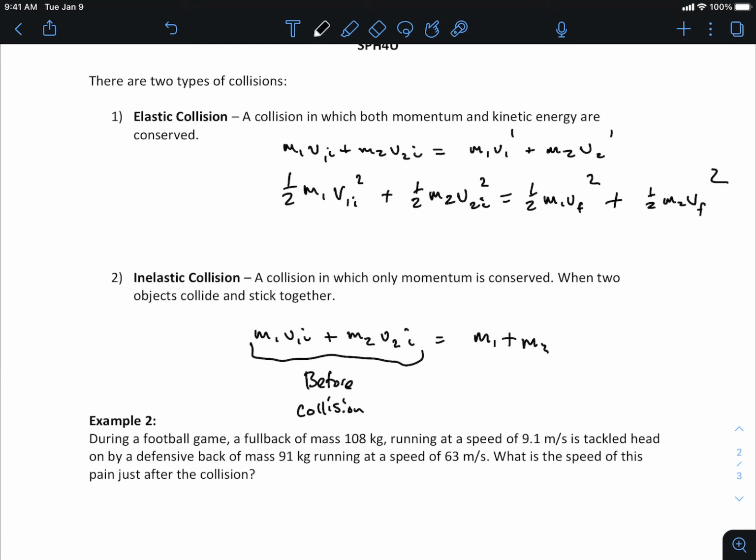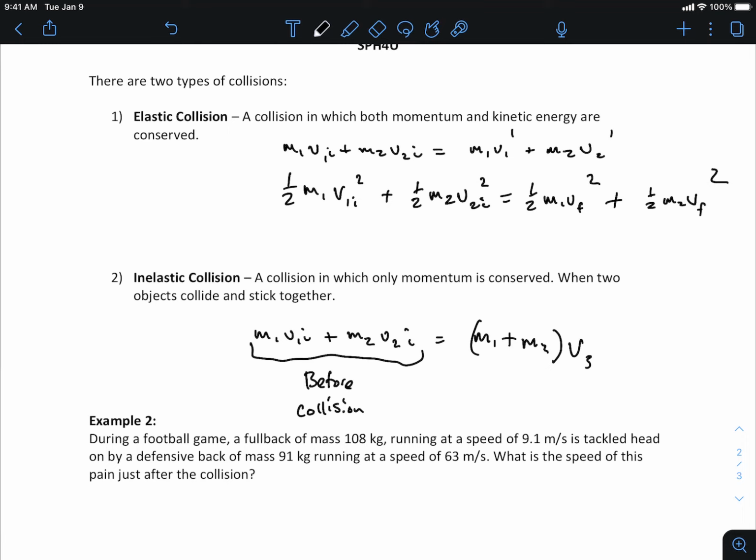Now these two things are combined and connected and moving together in one direction, so we don't need two velocities. We can just call it capital V, just one velocity after. You could even call it V3, the velocity of the combined masses.